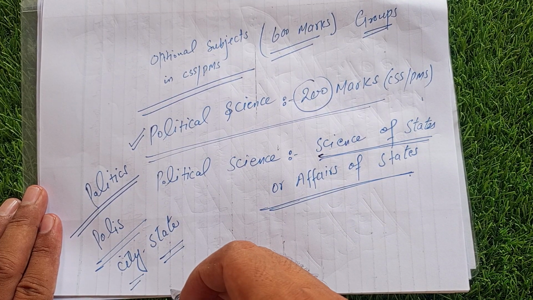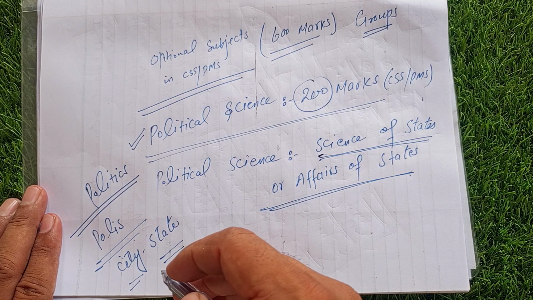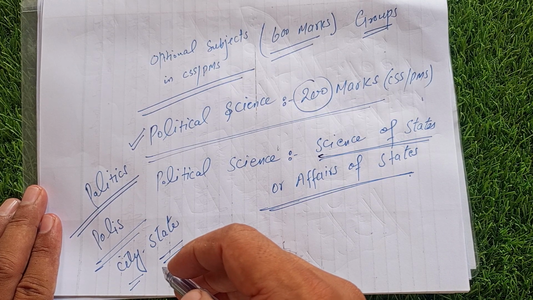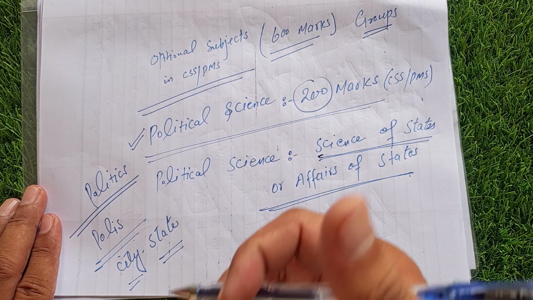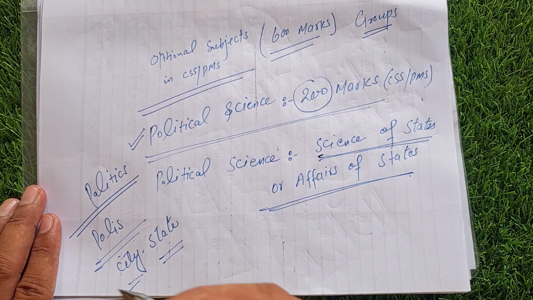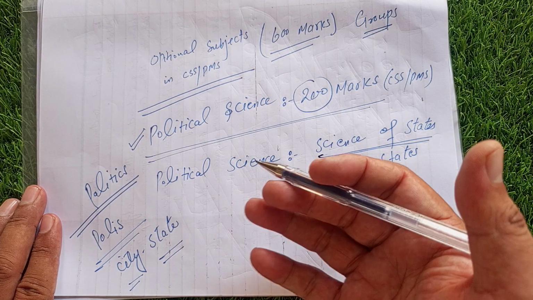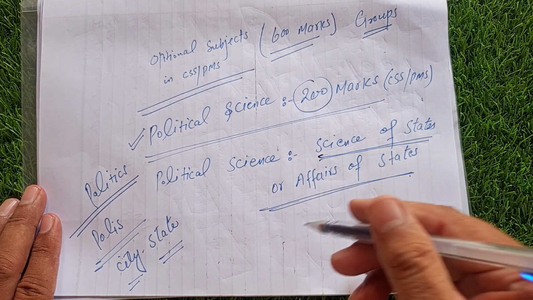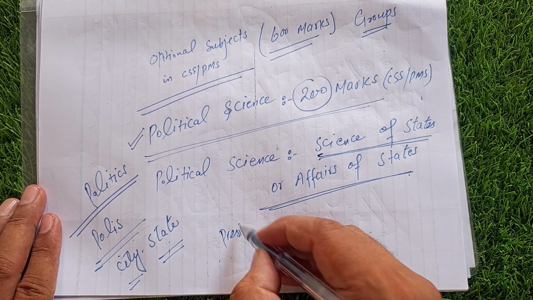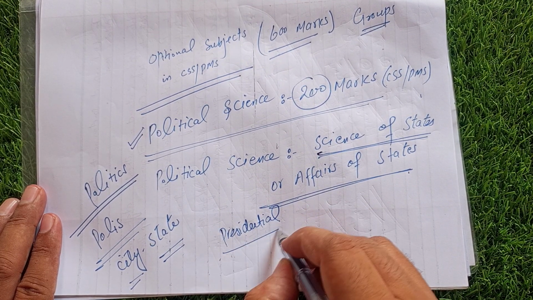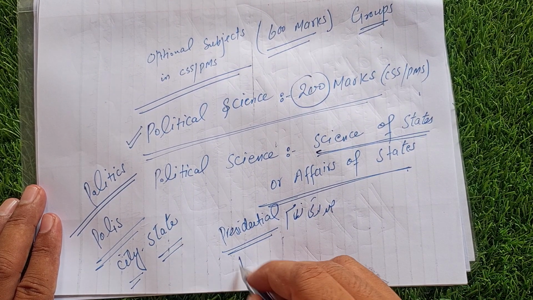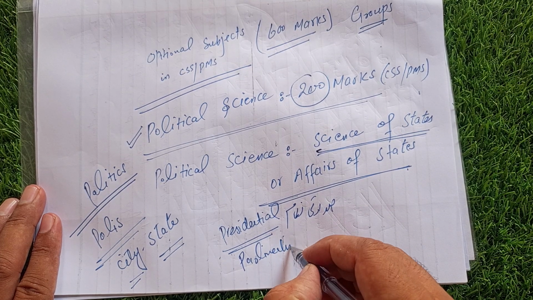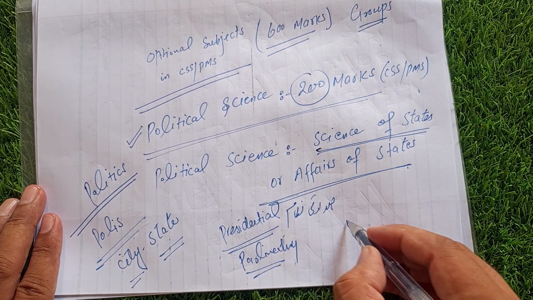It means the affairs of a state: the systems, functions, organs and structure of a state, how a state has to work or is working, even the history of the state, and the present political system of the state, either presidential form of government, which is known as Sadarati Nizam, or parliamentary form of government, which is known as Parlimani Nizam.